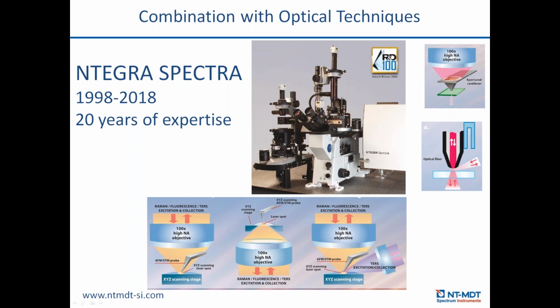In these configurations we have different options for optical access and AFM access to the same spot, from top, from the bottom, and from the side. Also, we can use scanning tips with aperture, like SNOM cantilevers, aperture cantilevers, or SNOM fibers.